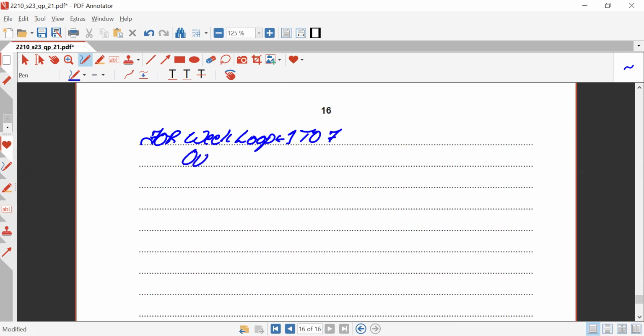Output over here. Now what could be the output?